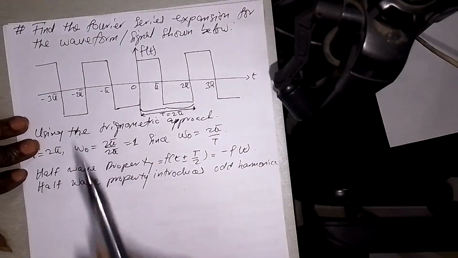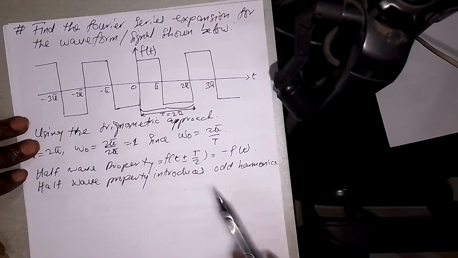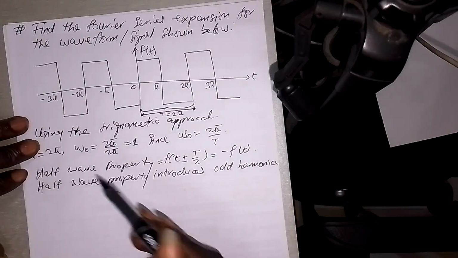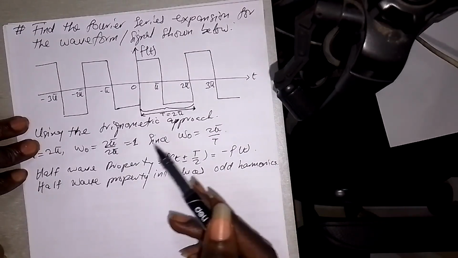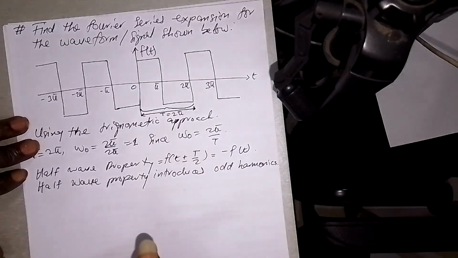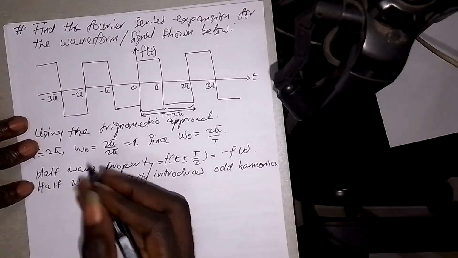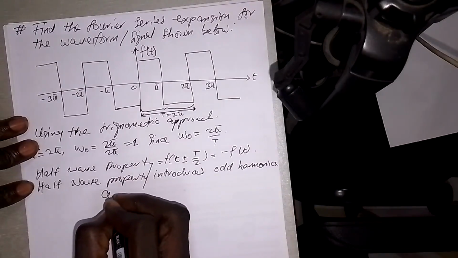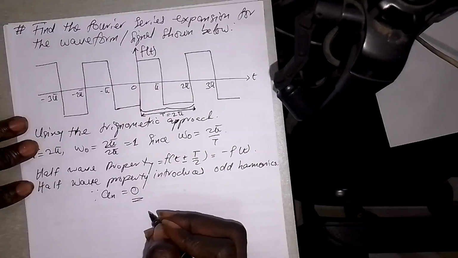If it's odd harmonics, that means that it will have what? Sine waves. So in this case, the cosine wave aspect will be 0. And the cosine wave coefficient is what? Is an. So in this case, an will be 0. Okay, so here I will say that an is equal to 0 for this signal.